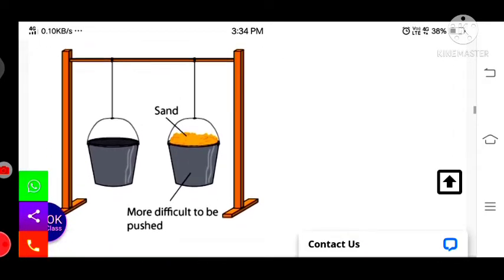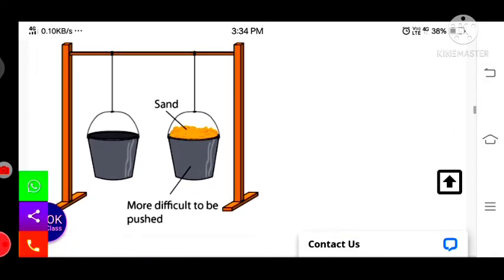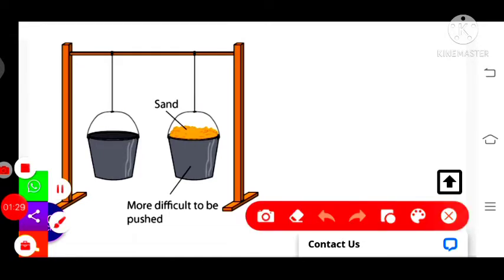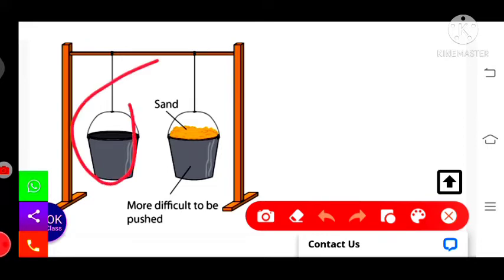So in this figure you can clearly see that the more massive object is more difficult to push. This bucket is empty, so the bucket will lift easily because the inertia of the bucket is less.